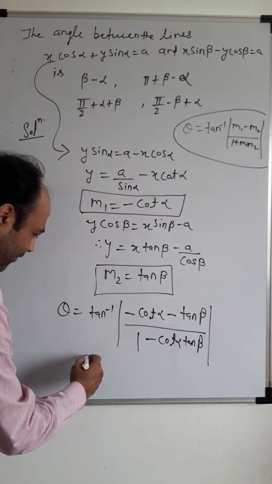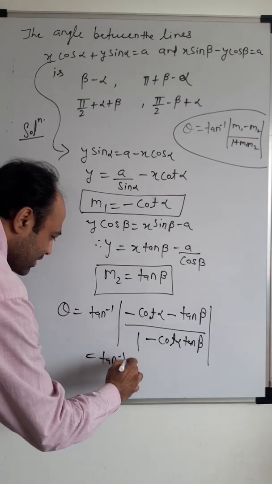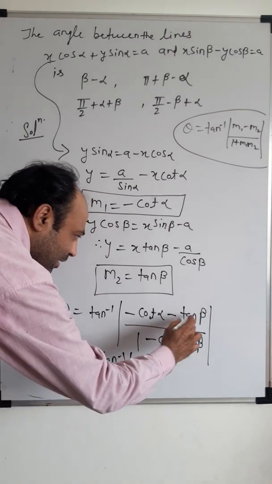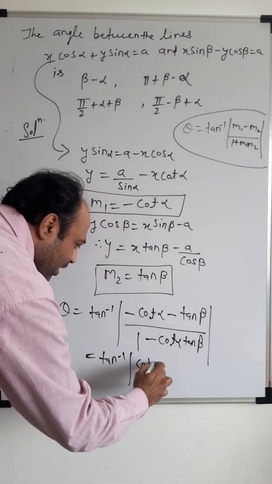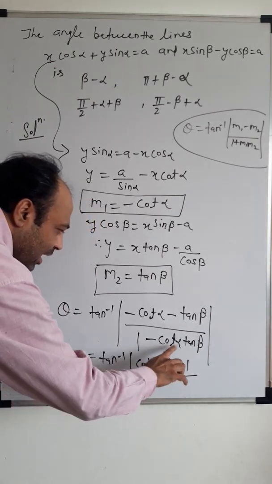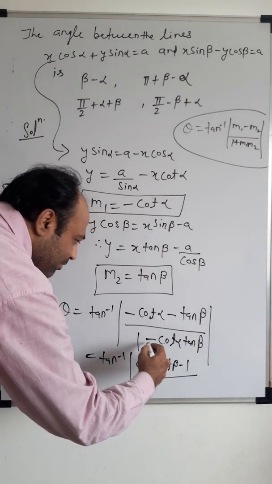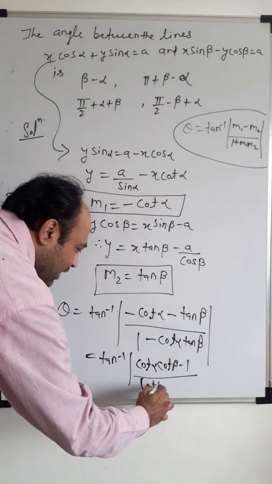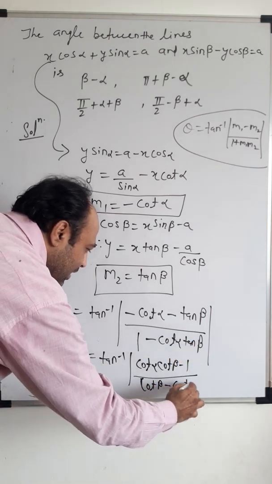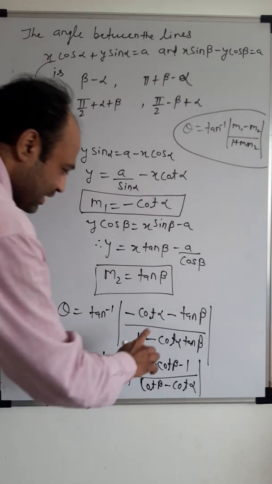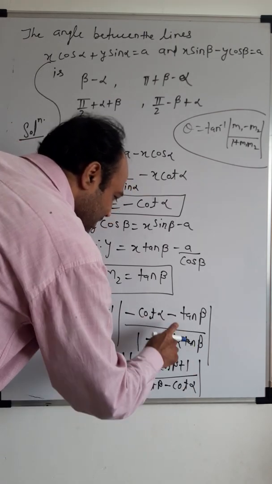Here we can write tan inverse; see, minus minus, you take common, it becomes plus, and make it tan as 1 by cot. So this will be cot alpha cot beta minus 1 upon, here it is tan beta as 1 by cot beta, so it becomes cot beta minus cot alpha. Correct? We have to check the denominator and numerator, because here both are minus, so it is plus.